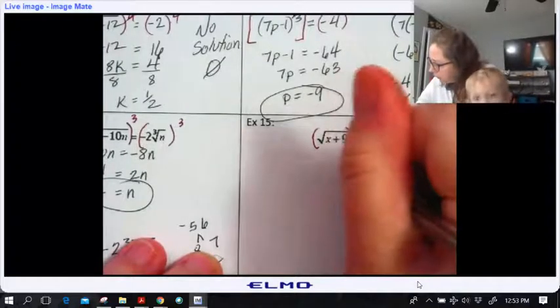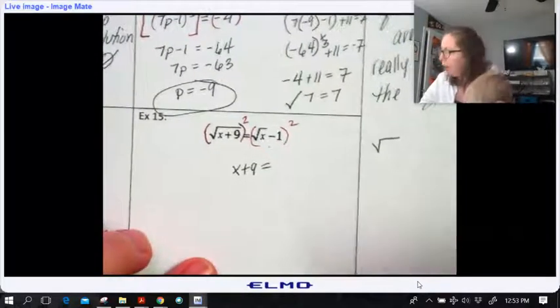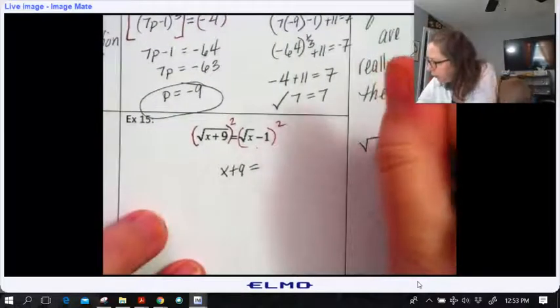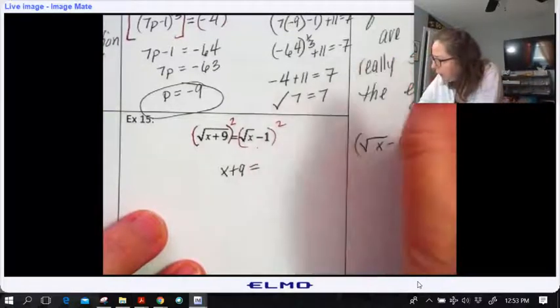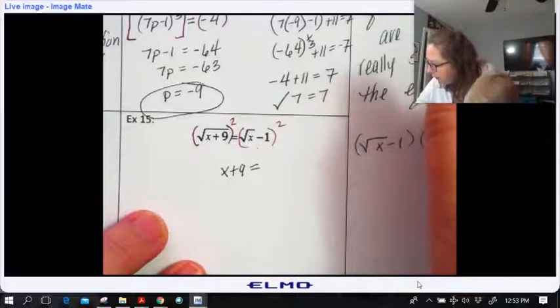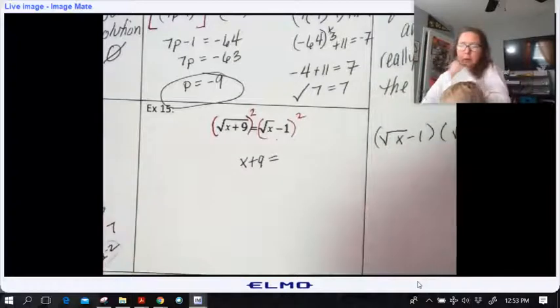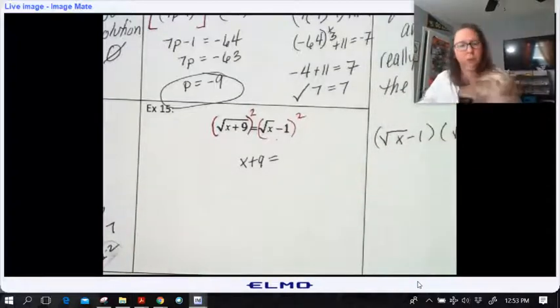Okay. And so now out to the side, let me scooch my paper over. I am going to just do the square root of x minus 1 times the square root of x minus 1.